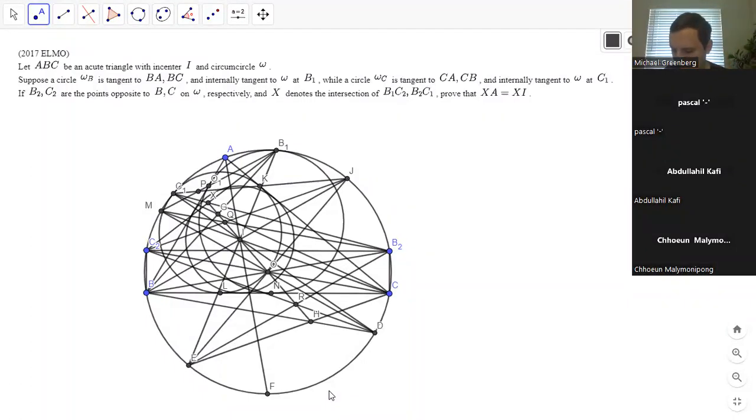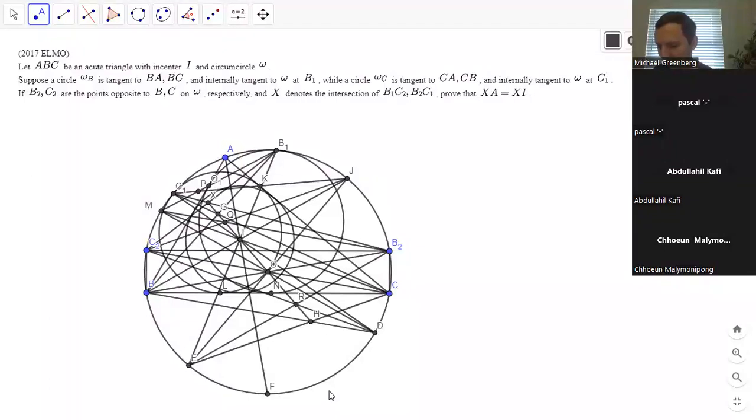So that means that PQ and X, no, PQ and X are collinear.